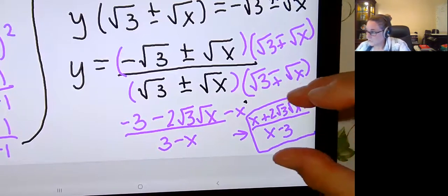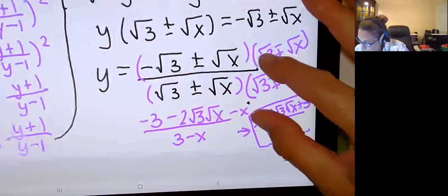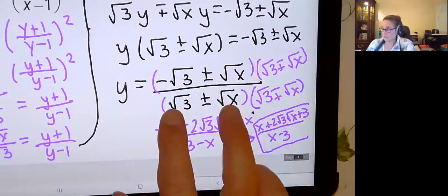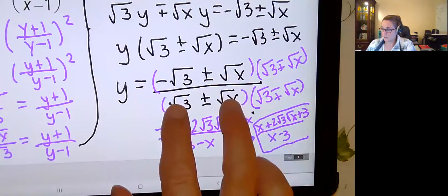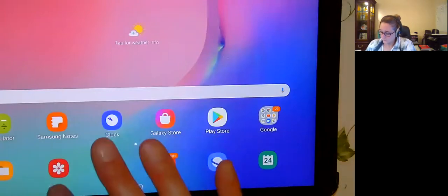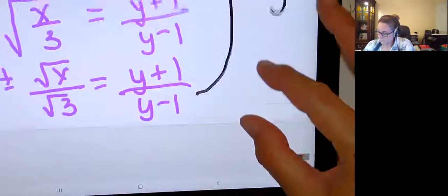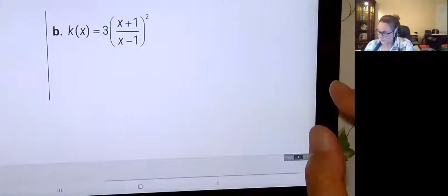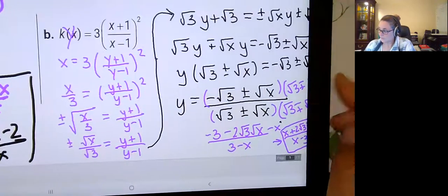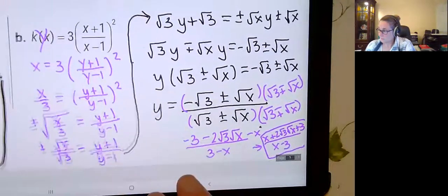Do I expect us all to get to this form? No. I want us all to be able to get to this black here. If you can get to here and leave it here, you're doing good. This problem is a difficult problem. This one I would consider more of an integrated 3 math analysis problem than a regular integrated 3 problem.